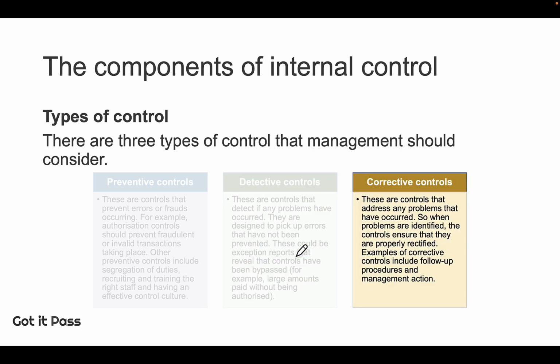And the last type of control is corrective controls. These are controls that address any problems that have occurred. So when problems are identified, the controls ensure that they are properly rectified. Examples of corrective controls include follow-up procedures and management action.